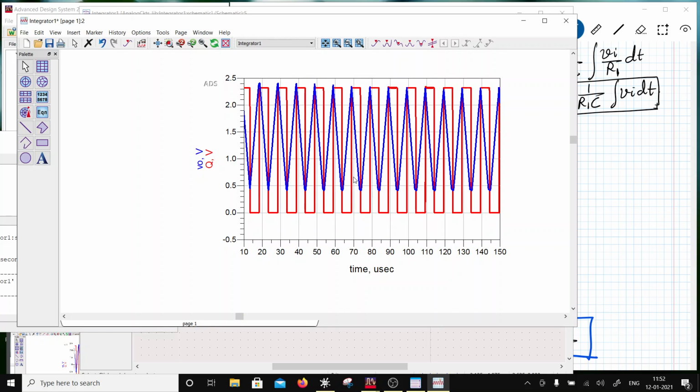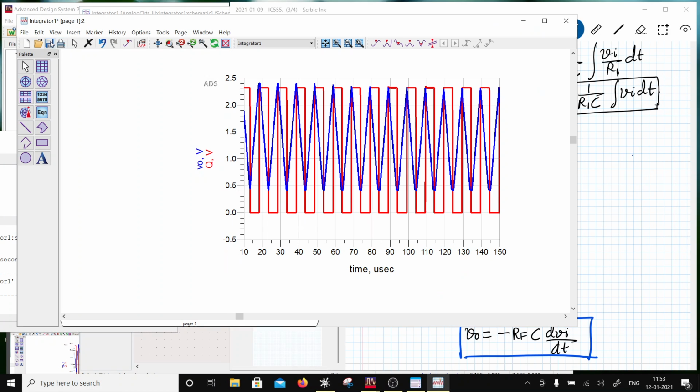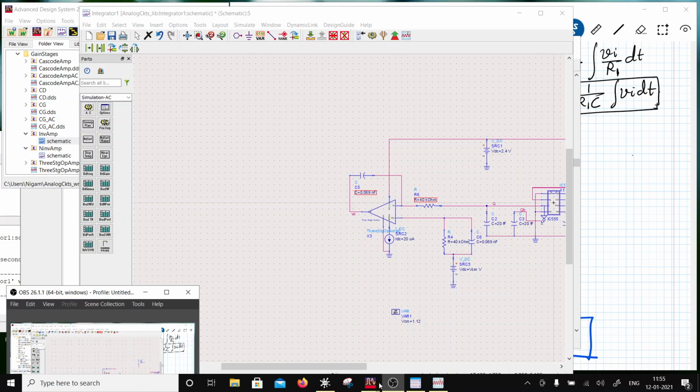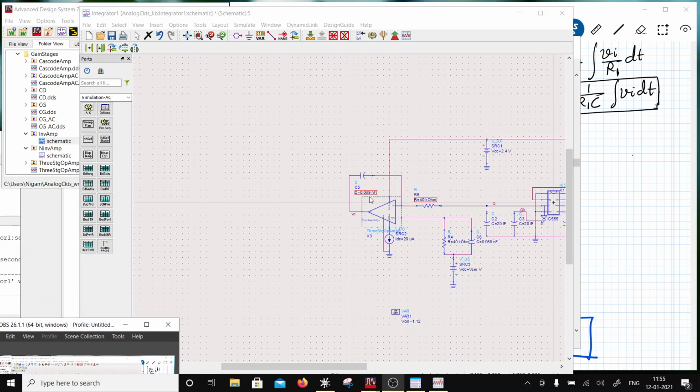Now I want to convert this triangular wave back to a square wave. So let's say if I put a differentiator following this, would that do that? So what I'm going to do now is have a differentiator following this integrator.